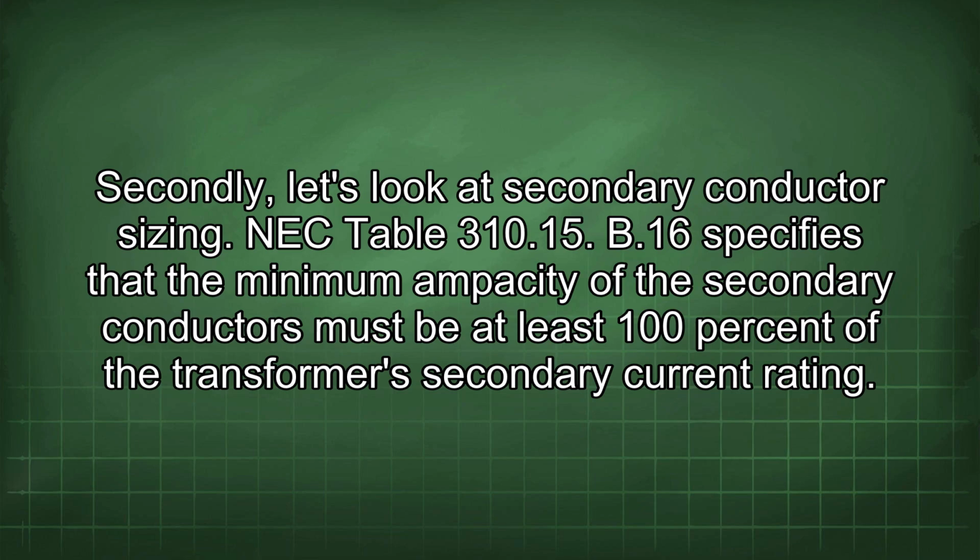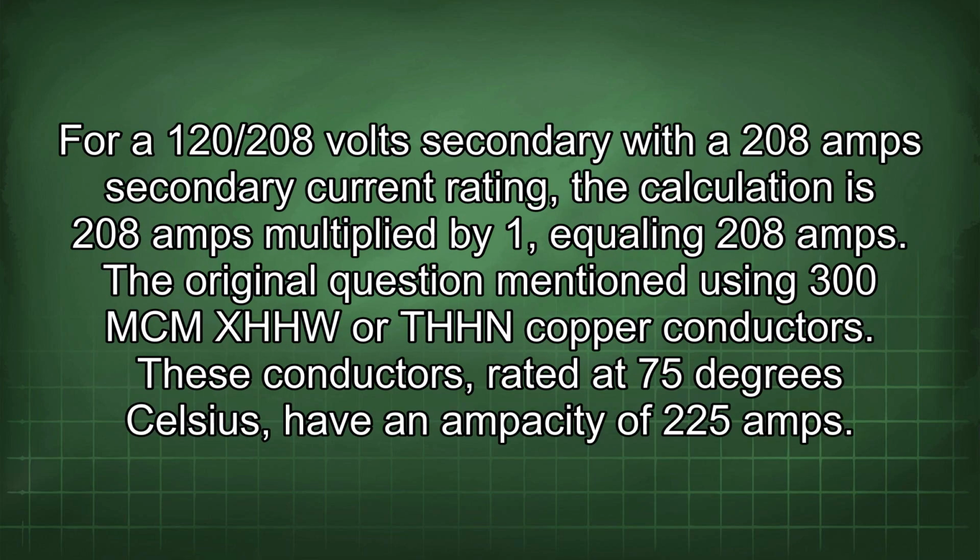NEC Table 310.15(B)(16) specifies that the minimum ampacity of the secondary conductors must be at least 100% of the transformer's secondary current rating. For a 120/208 volt secondary with a 208 amp secondary current rating, the calculation is 208 amps multiplied by 1, equaling 208 amps.